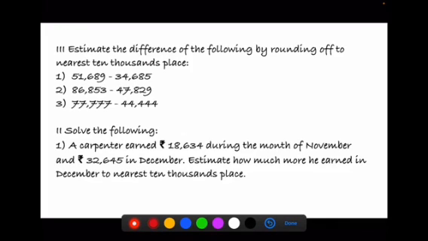Then I have just given you one statement problem. A carpenter earned rupees 18,634 during the month of November and 32,645 rupees in December. Estimate how much more he earned in December to the nearest 10,000s place. Children, you very well know what to do.